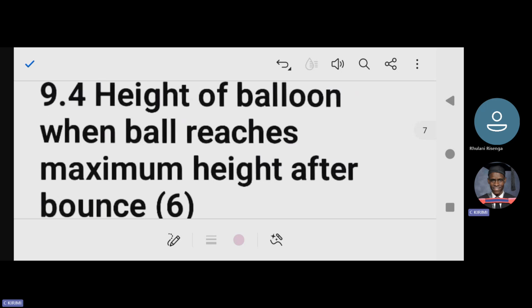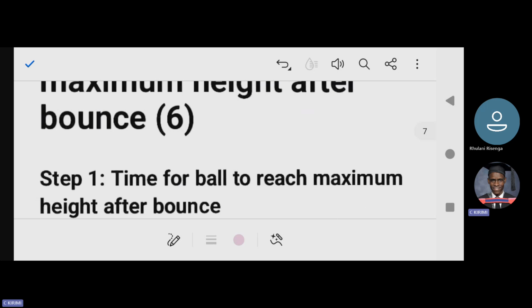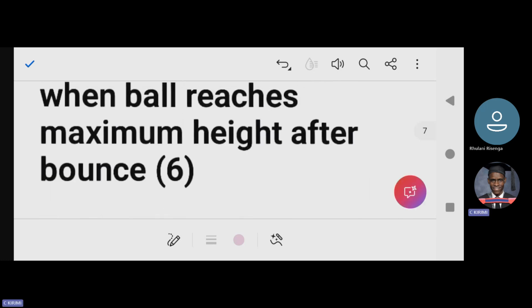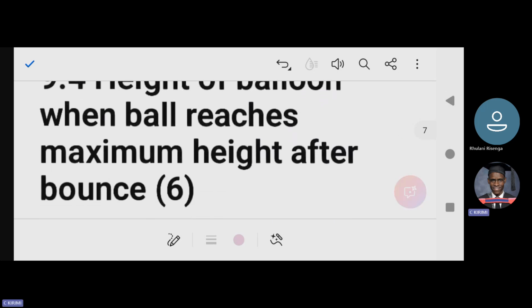Now let's go to the one that you wanted: the height of the balloon when the ball reaches maximum height after the bounce. So the height of the balloon when the ball reaches maximum height.